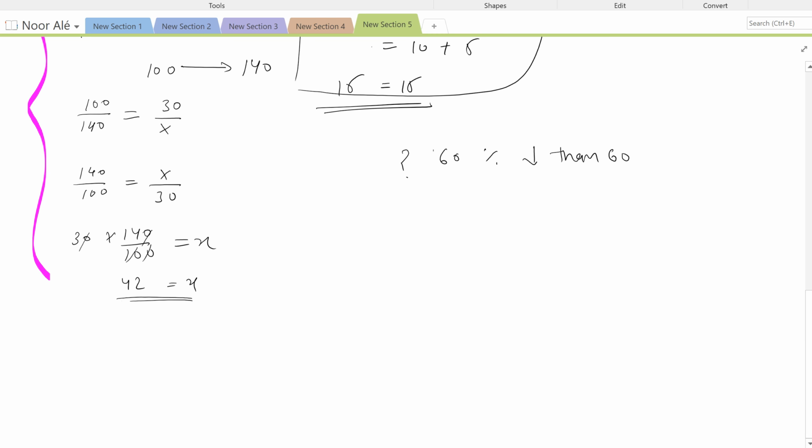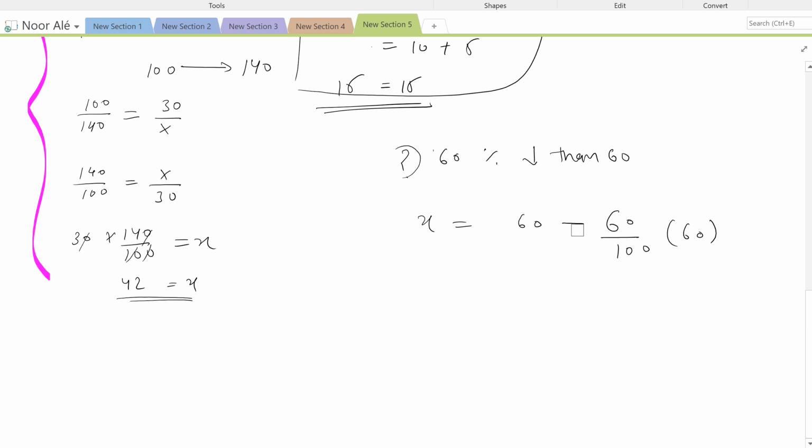Now, we know that 60%, we have two ways of doing it. So 60%, now they're asking what number. So we do x number is less than 60. How much smaller is that? X is 60% smaller. 60% of 60 taken away from 60 is x. So your x, which is the question mark, is 60% less than 60.